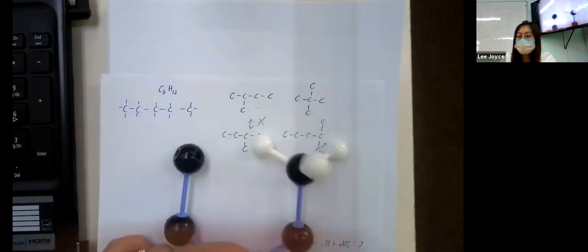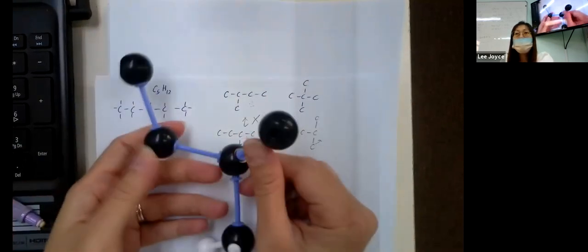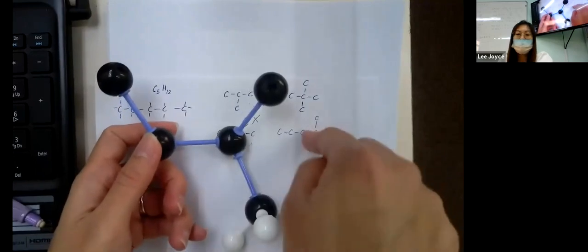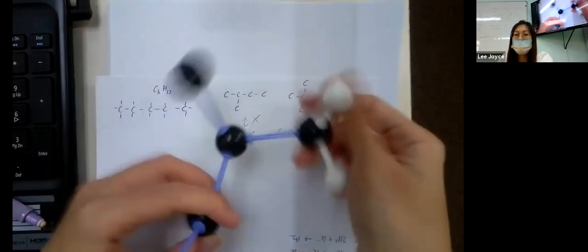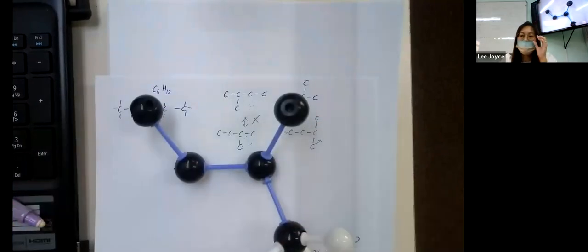But to get it to this structure, you need to break one of the carbon bonds and put it here. Then this is an isomer, which has a totally different structure compared to the straight chain one. No matter how you turn it, you can never get it to this straight chain. That's the meaning of the isomer.